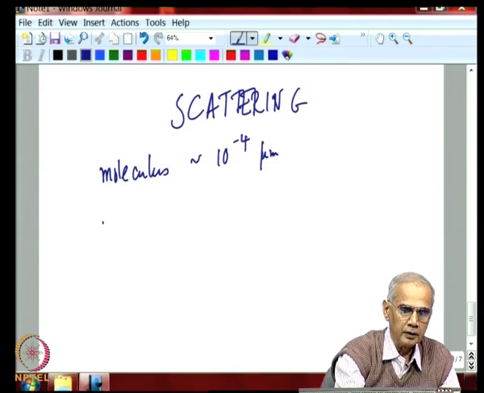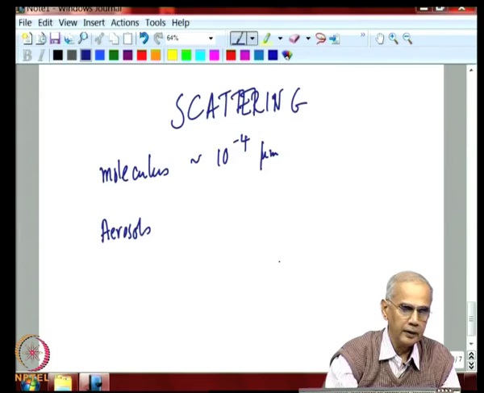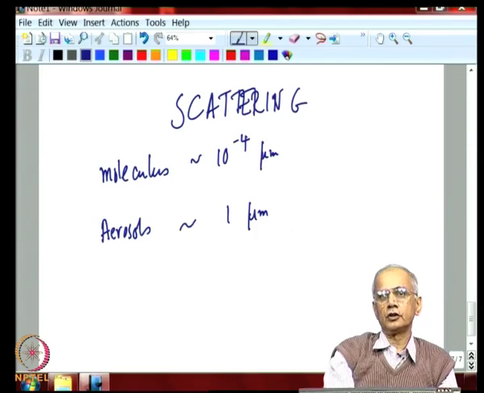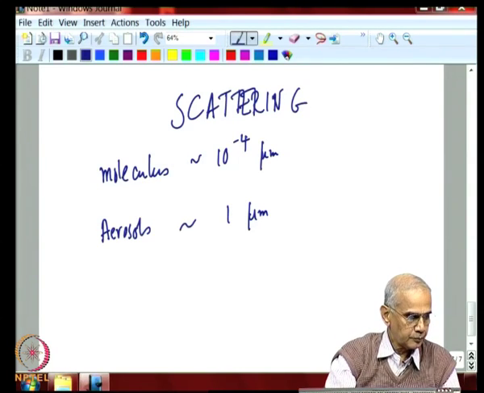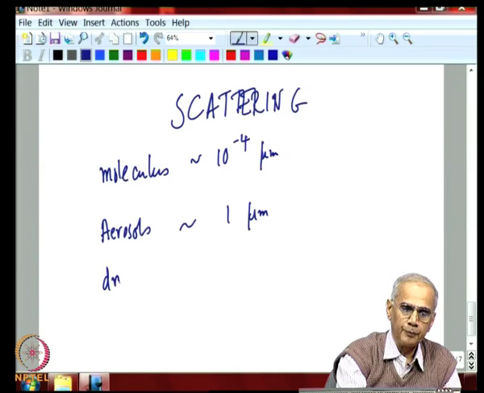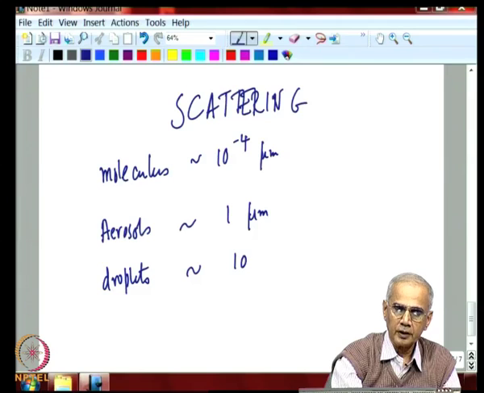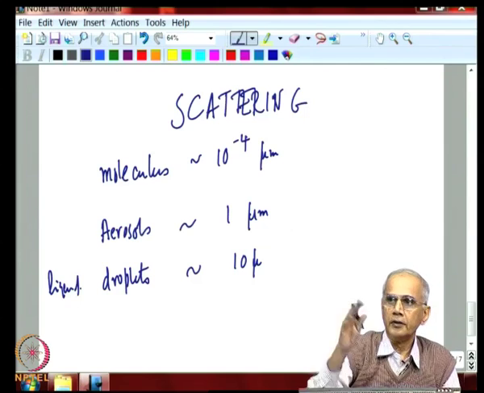On the other hand, there are things called aerosols, which are liquid and solid particles in the atmosphere or in the combustion chamber, for example, and their dimensions are typically of the order of 1 micron. Since the dimension of the aerosol is about 10,000 times larger than the dimension of a molecule, it has a higher scattering effect. Even larger types of scatterers are droplets, which can easily go to the size of 10 micron if it is a liquid droplet, a rain droplet for example.